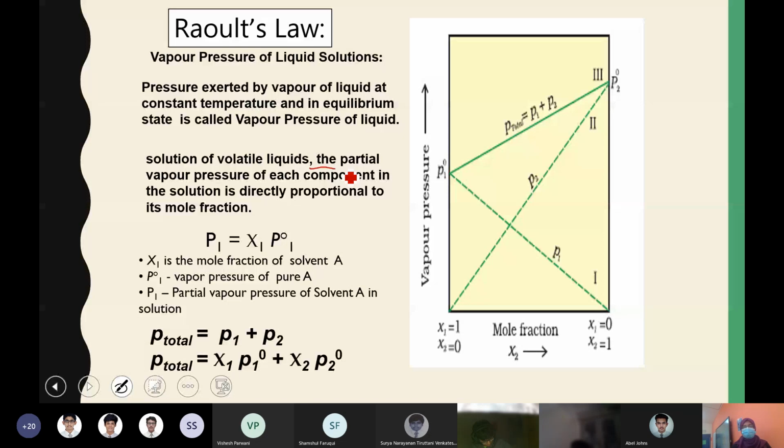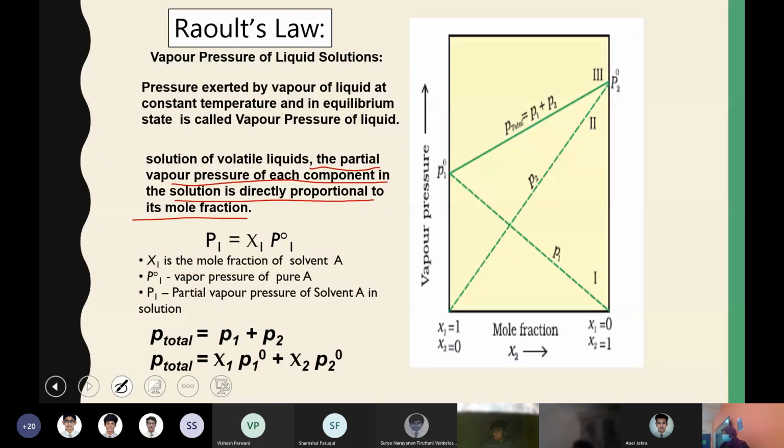As per the definition of Raoult's law, partial vapor pressure is directly proportional to mole fraction. So at any concentration or mole fraction value, you can connect it with the vapor pressure. At any point of concentration or vapor pressure, you can find a relation between them using this graph.